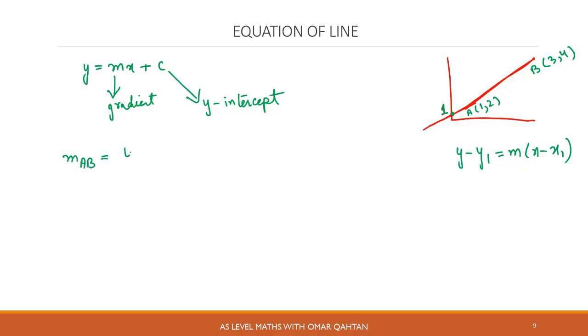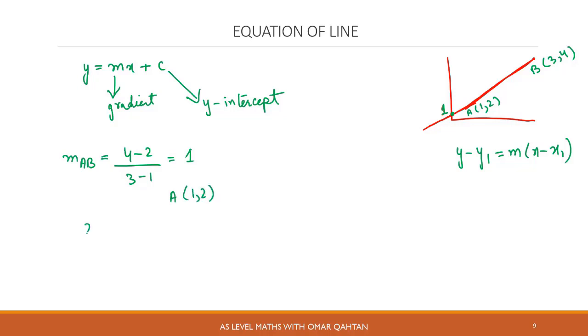and the gradient will be 4 minus 2 upon 3 minus 1, which is 1. Now we have to substitute the value of the gradient in this equation and any one coordinate. Either you take A or B, it's up to you. No hard and fast rule here. I am considering the coordinate A(1, 2).